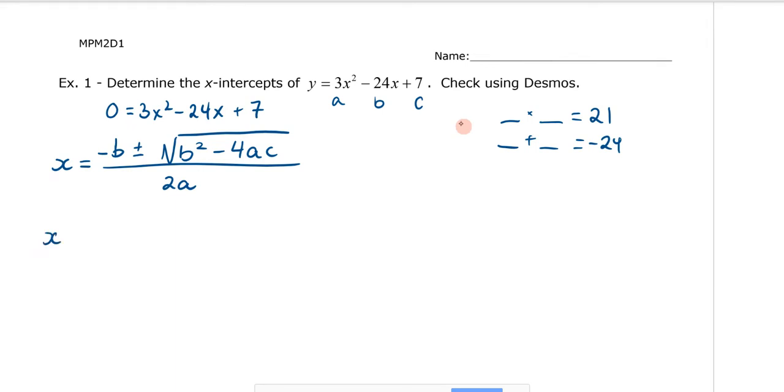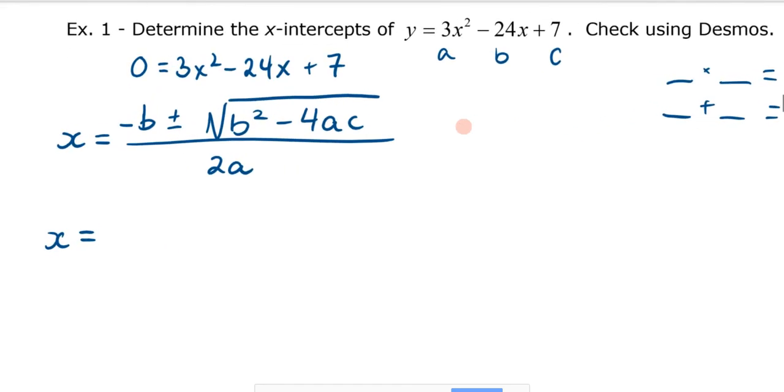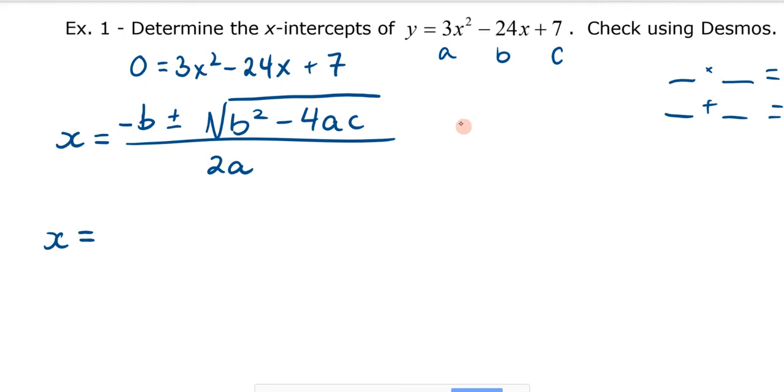So you say x equals, my b value is negative 24. Okay? So it's minus 24. The formula already has a built-in minus, so you're going to be doing a double negative. So negative b means you're negative, and then in brackets, what's my b value? My b value is another negative 24. Okay?